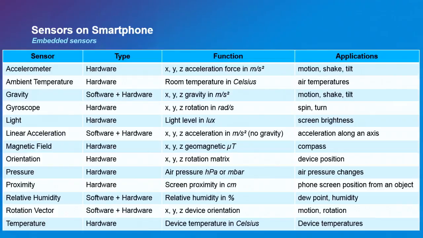The accelerometer, for example, will measure motion and check tilt. You can measure ambient temperature, gravity, direction, gyroscope, lighting, magnetic field, orientation, pressure, proximity, how far you are from another phone or even the phone from your face, or other devices. Humidity, temperature, and many more that we are measuring.